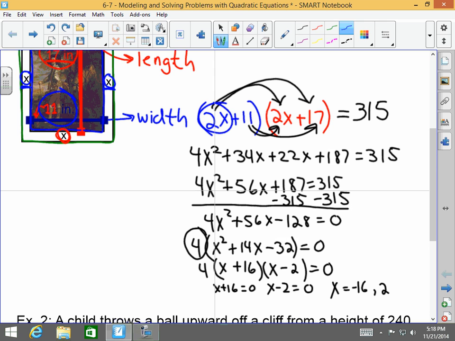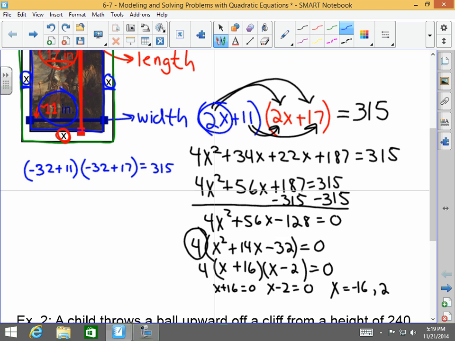But if you don't believe me, let's just go ahead and go all the way. Let's try this negative 16 all the way. If I plug in this negative 16, like I said, I'm going to have negative 32 plus 11 times negative 32 plus 17. I want to see if that equals 315. Okay, let's see.